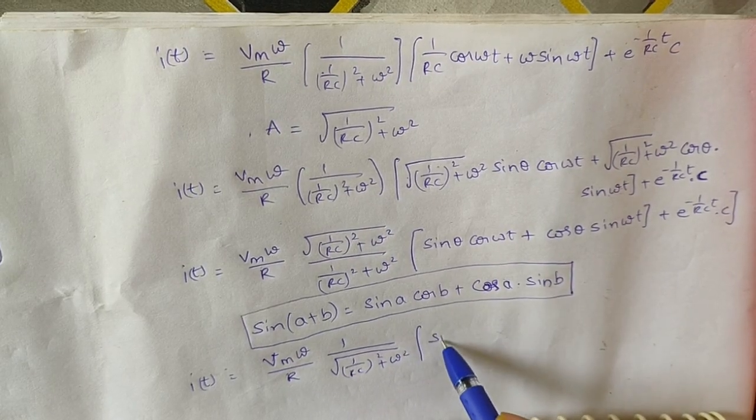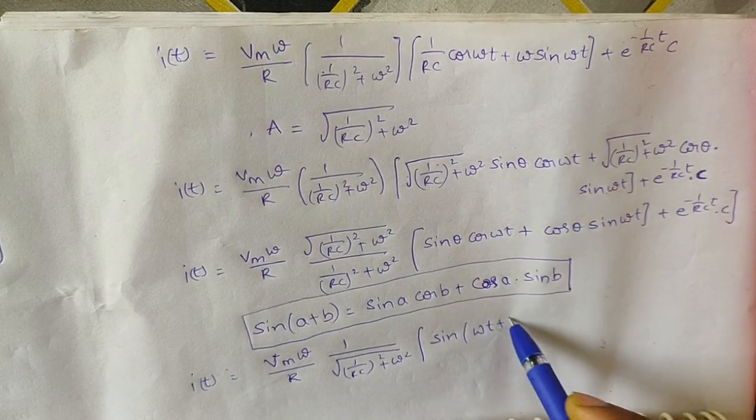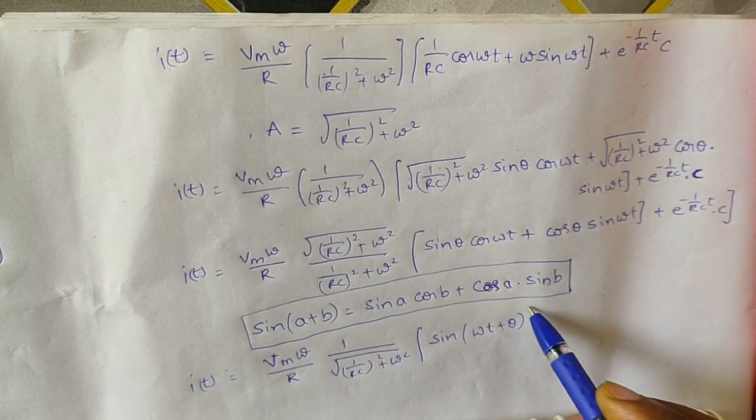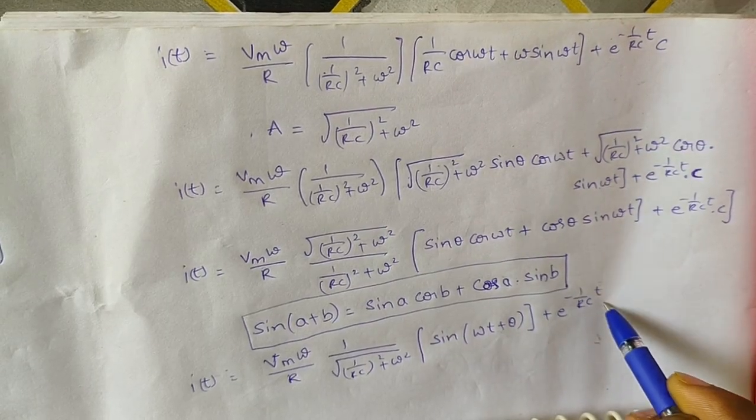This we can write as sin(omega t plus theta) plus e power minus 1 by RC t into C.